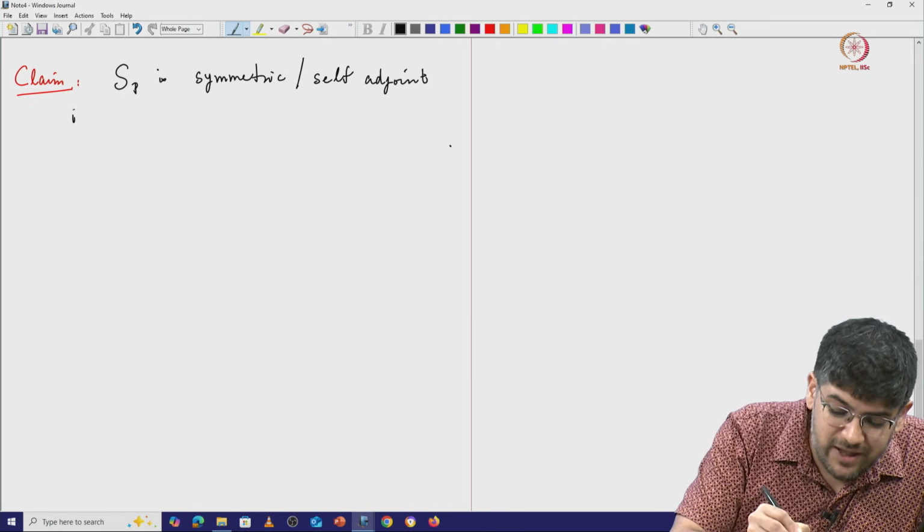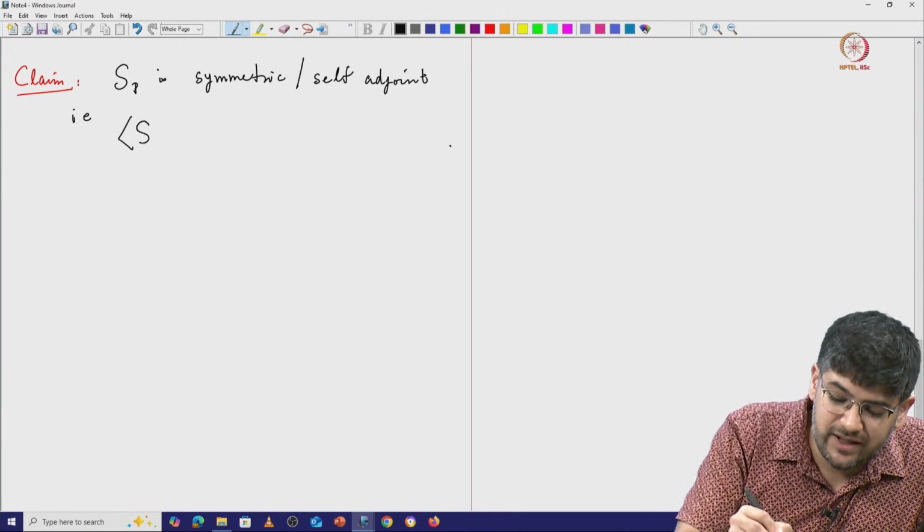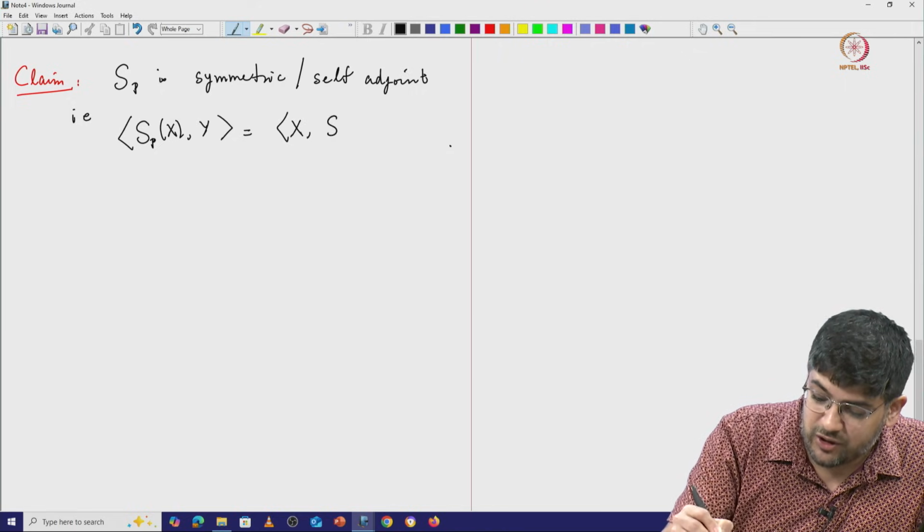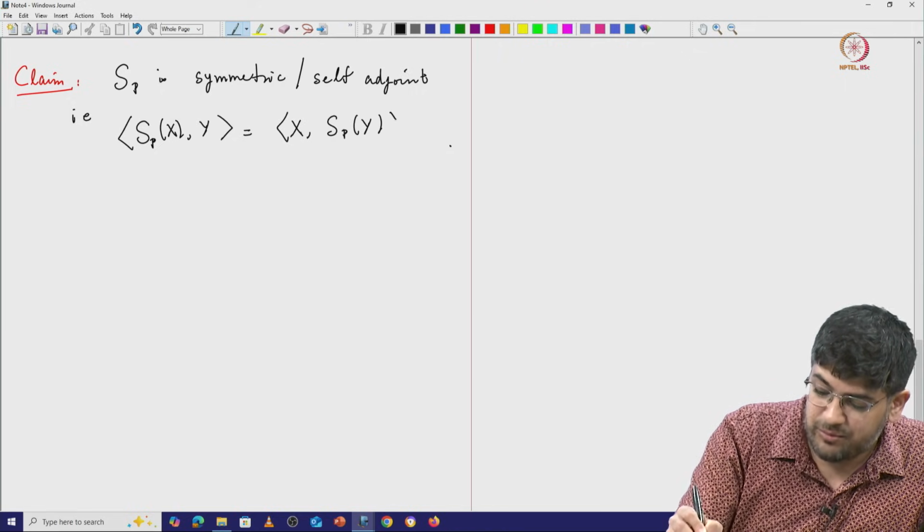Okay, what does that mean? That means that if you take the inner product of SP of x comma y, then that's the same as the inner product of x comma SP of y.